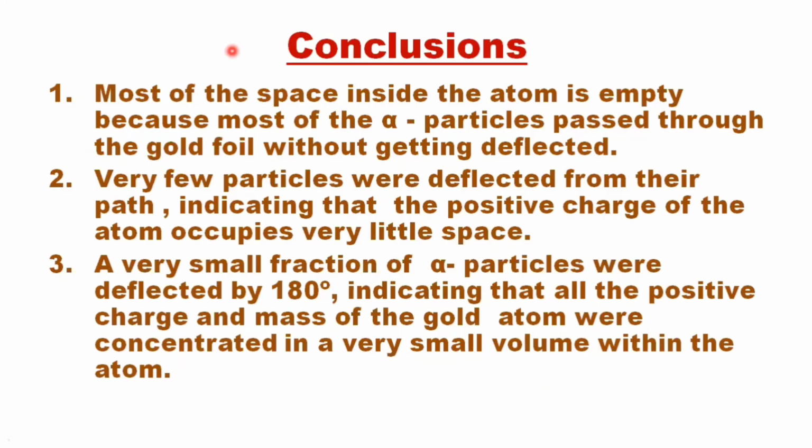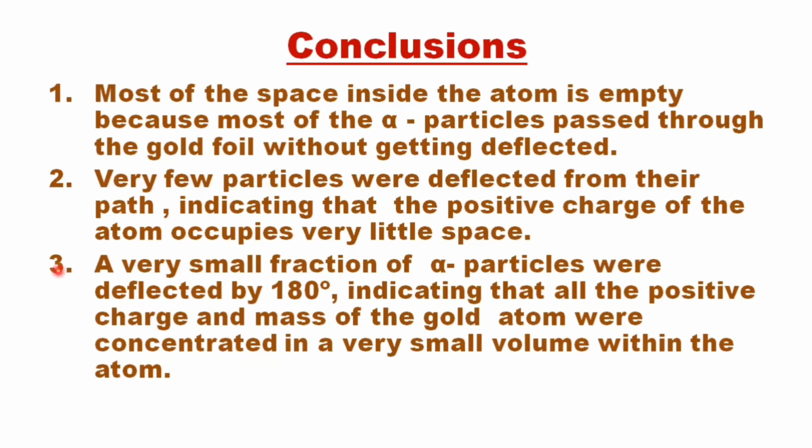So based on the observations, Rutherford concluded the following points. Most of the space inside the atom is empty because most of the alpha particles passed through the gold foil without getting deflected. Very few particles were deflected from their path, indicating that the positive charge of the atom occupies very little space.